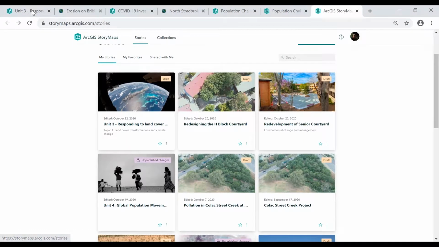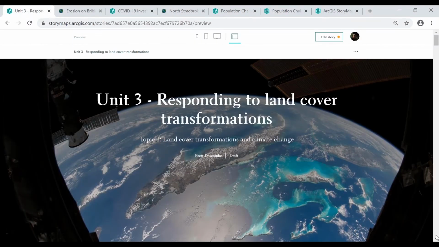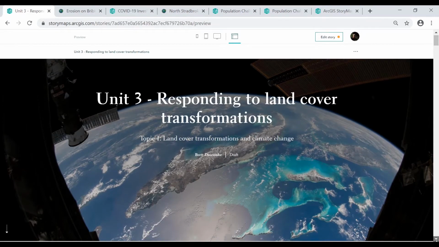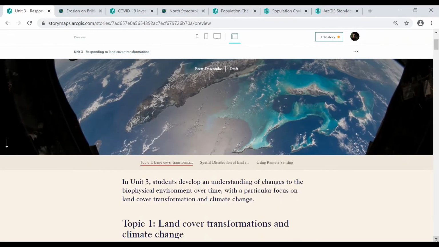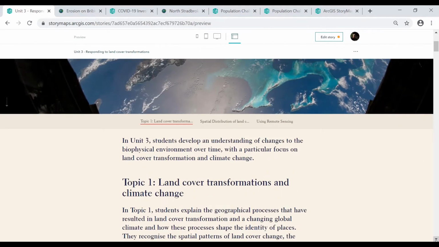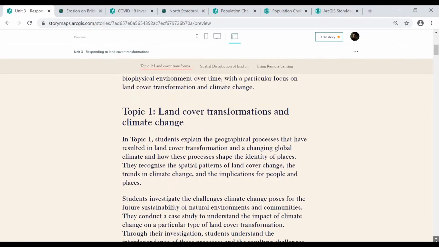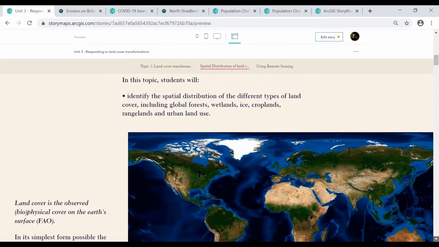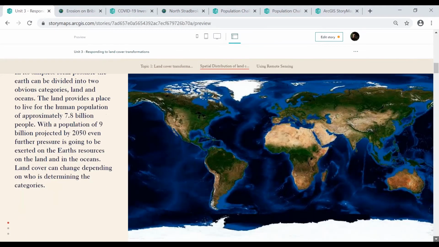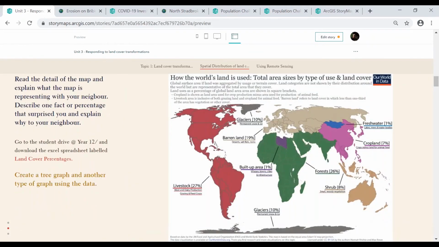This is Unit 3 at Wavell, and what I've done is just created a teaching resource for the students, given them what they need to know, the topic, spatial distributions, and just gone through and covered the objectives that are required, and given them options to participate in activities as we go through.